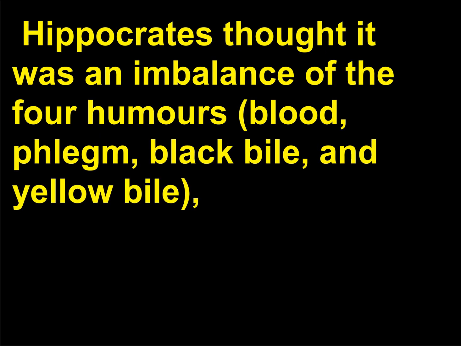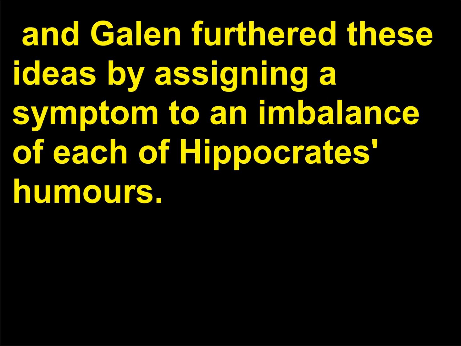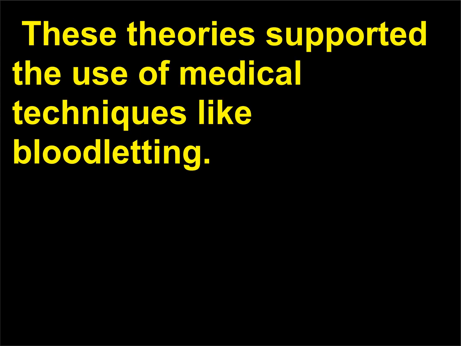Hippocrates thought it was an imbalance of the four humors: blood, phlegm, black bile, and yellow bile. And Galen furthered these ideas by assigning a symptom to an imbalance of each of Hippocrates' humors. These theories supported the use of medical techniques like bloodletting.